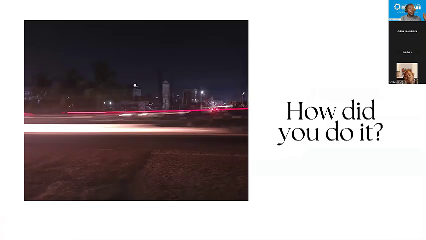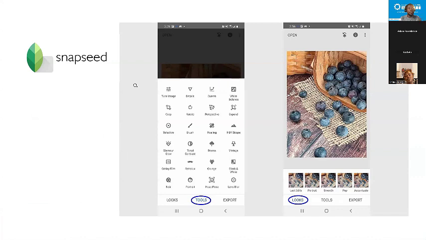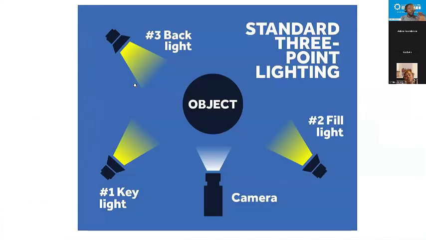Before we go too far, another thing that I would want us to remember, especially for those of us that would be maybe purchasing lights and looking to build our own home studio setup, is three-point lighting. Your most important light or your brightest light is the one we call the key light.